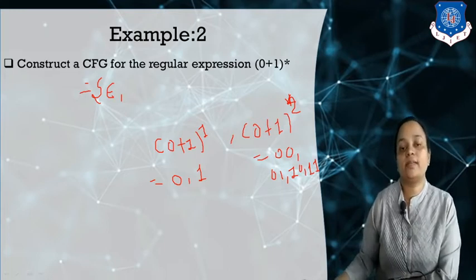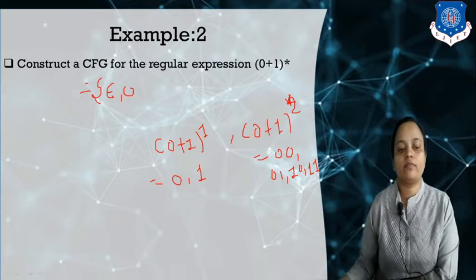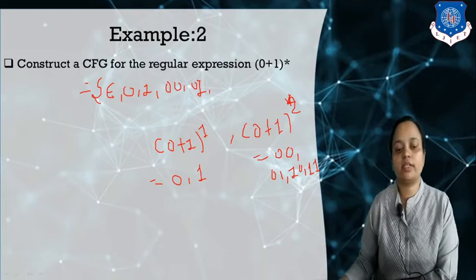Then again star is repeated 3 times, 4 times. In this way we can generate the set of strings 0, 1, 0 0. So when you are going to convert the regular expression, you need to understand what kind of set of strings it contains. Okay.